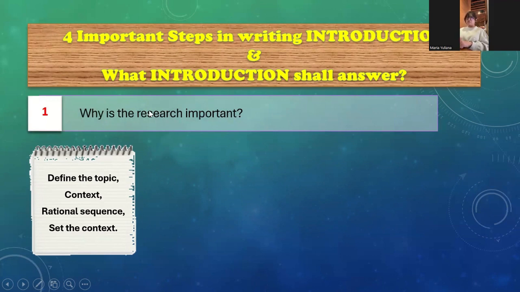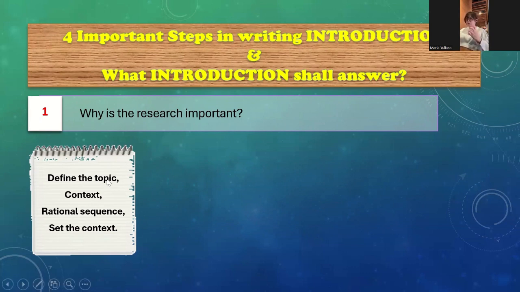In the first paragraph of your introduction, you should define the topic and set the context in a very rational way, so that the reader will ask, why is this research important? And then you answer it, because you define the topic and set the context, and they see that this research is important.